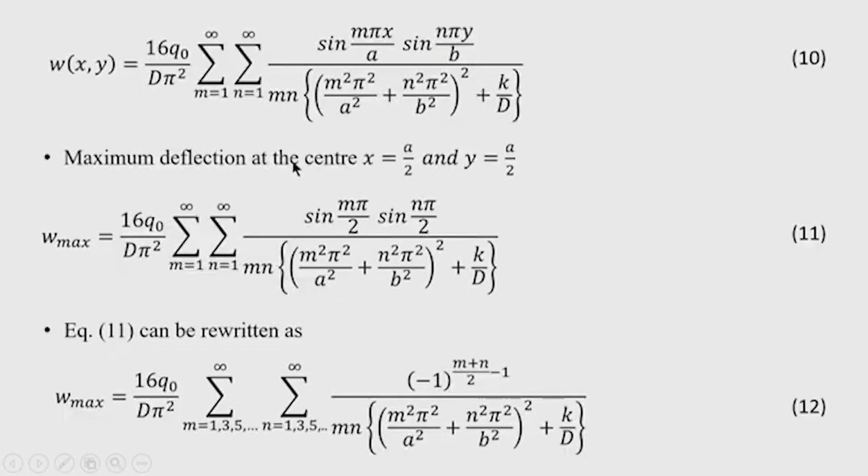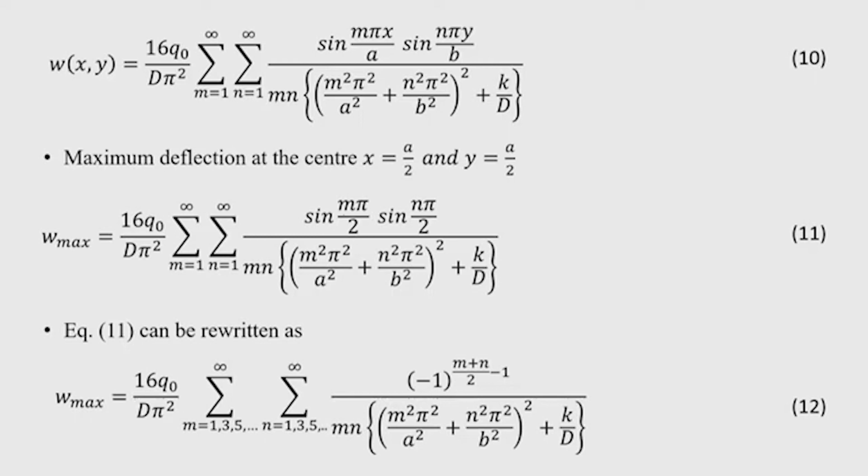Maximum deflection will be at the center obviously, because it is symmetrically loaded and the support is also symmetrical. So, at x equal to a by 2, y equal to b by 2, it is the center, and we get W max equal to this. You can see here 16 q naught by D pi square, the constant term, and under summation the m n terms are there, and k by D is the extra term appearing here because of the elastic foundation reaction.